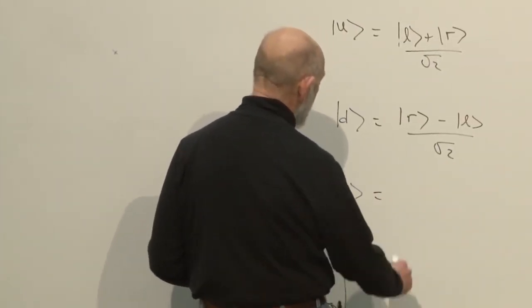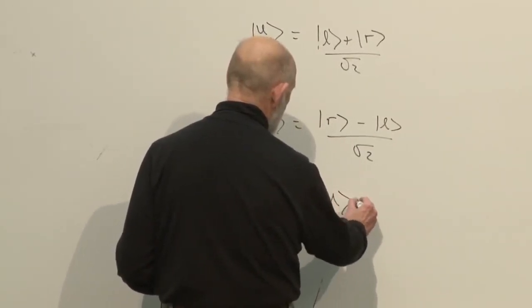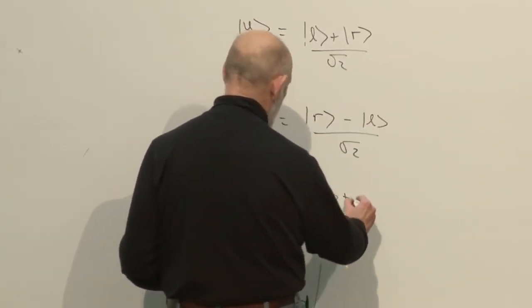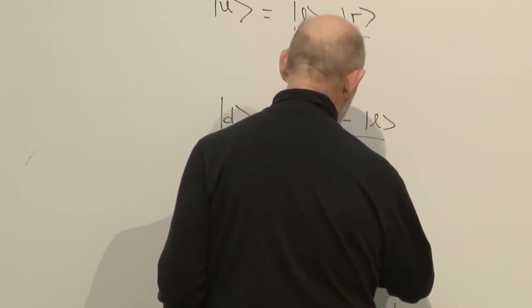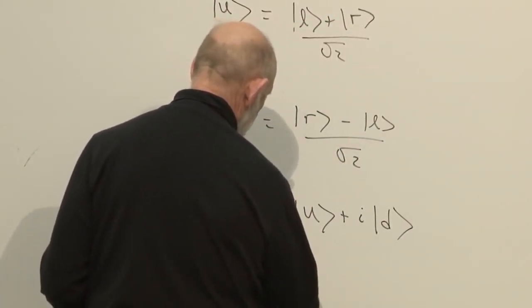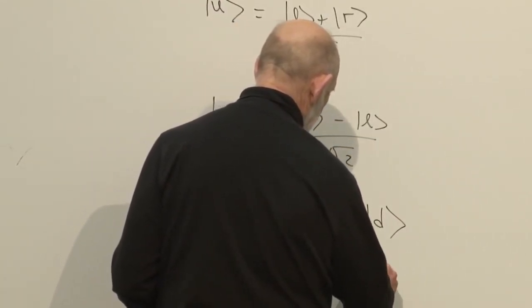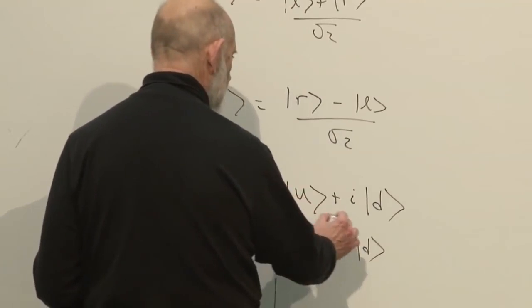I think in was up plus I times down, and out was up minus I times down, and I think I left out factors of square root of 2.